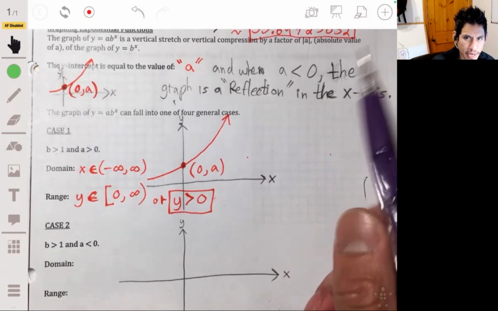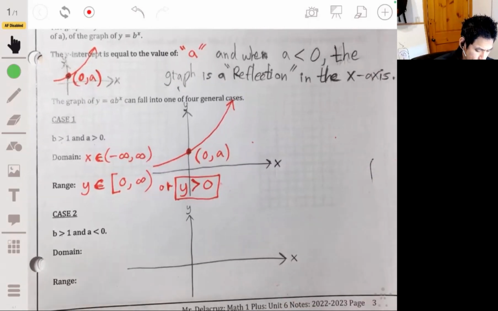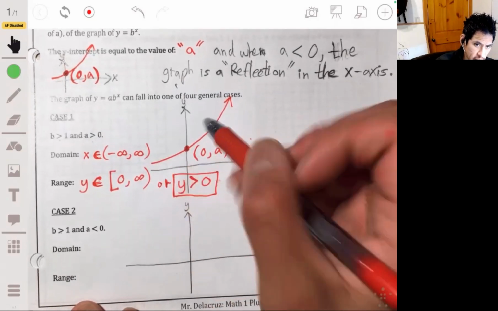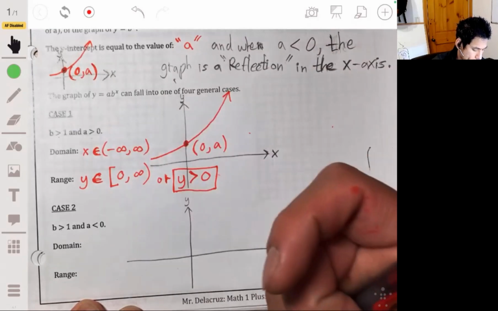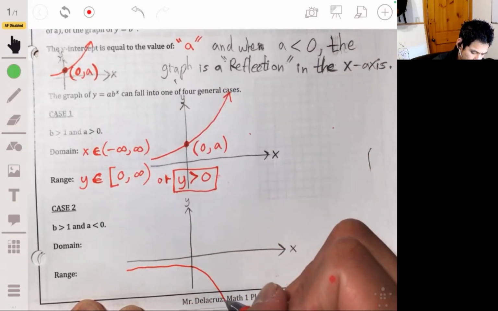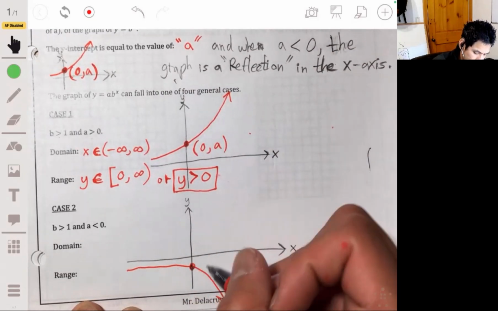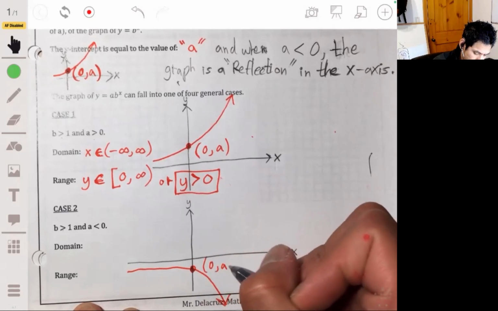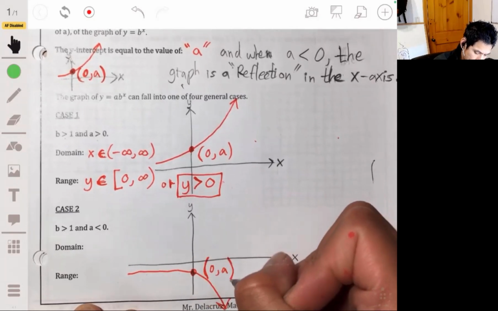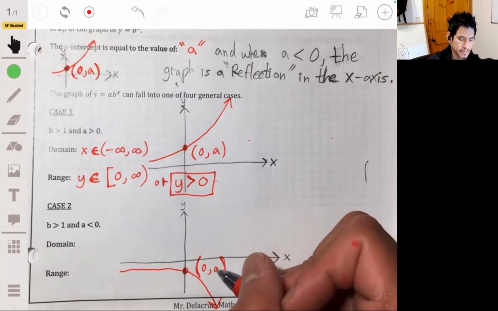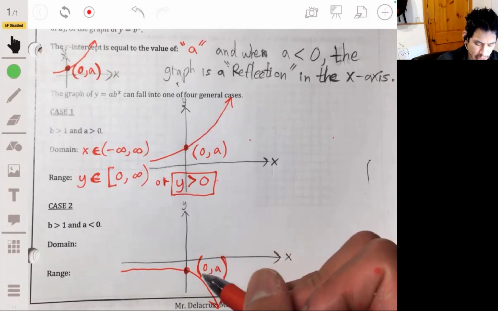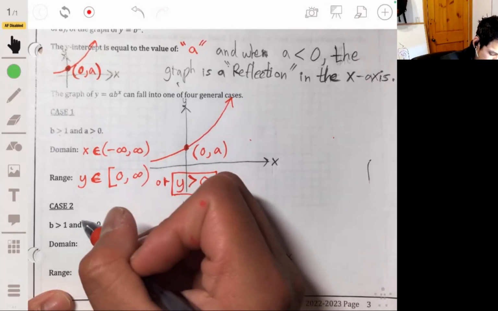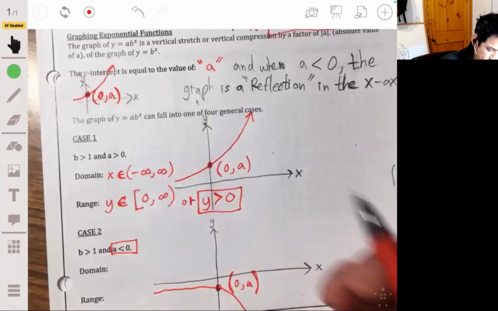We have a reflection in the x-axis, meaning that instead of it going like this, you reflect it across this line, flip it over, and the graph does this sort of thing. And this point is still (0, a). You're like, wait a minute, how's it (0, a)? It's below the x-axis. Well, yeah, because a is negative, and that's what this says. So that's why it makes sense.